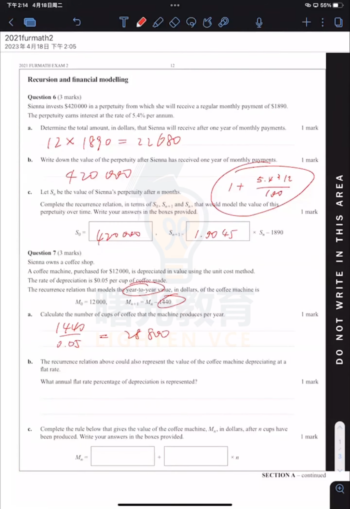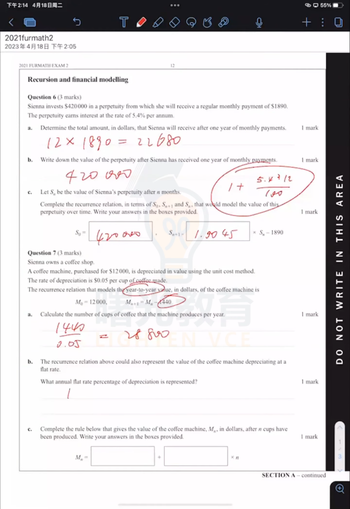The recurrence relation above could also represent the value of the coffee machine depreciating at a flat rate. What annual flat rate percentage of depreciation is represented? The actual value depreciated per year is 1,440, and we need to evaluate it depending on the total value when we purchase it.